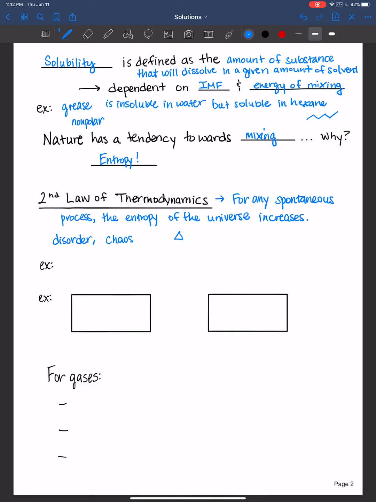And the way we represent that, when we talk about entropy, we use the capital letter S. So the change in the entropy of the universe, which I'll abbreviate uni, is greater than 0. That is the second law of thermodynamics. So that states that for any spontaneous process, the entropy of the universe increases. And like I said, we'll talk more about spontaneity later on in future lecture videos. And this is all to do with the universe. We're going to later on talk about the entropy of the system and surroundings, but it's the entropy of the universe that must be greater than 0 for a spontaneous process or a reaction.